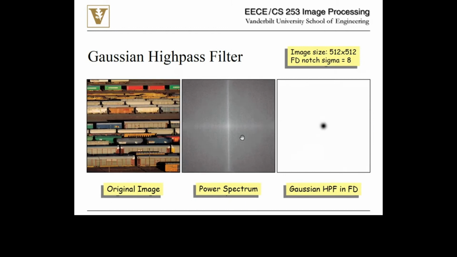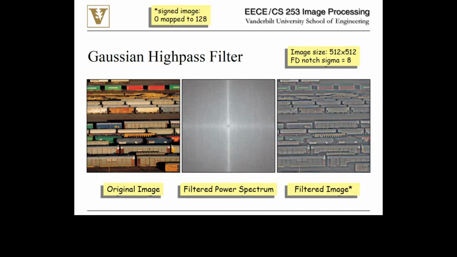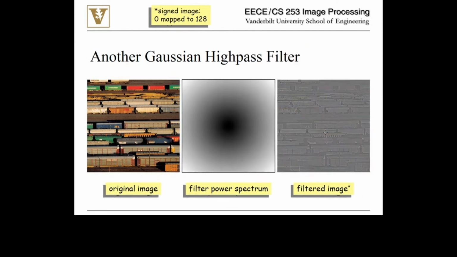So this is the original power spectrum. This is the shape of the filter in the Fourier domain. And then we are multiplying, and then we have removed the very low frequencies, and this is the filtered image. And depending on how wide your Gaussian is, you may keep more or less low frequency components.